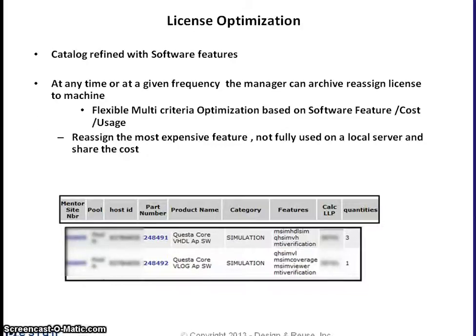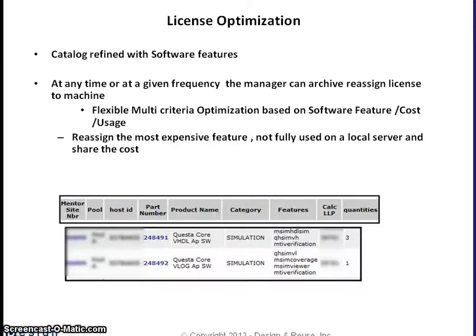And it's an expensive feature. What will the manager do? He clicks to see on which site this feature exists. So here he sees that in a given place, in this Mentor site number, he has this feature. So what he will do is to say, okay, how is this feature extensively used? So he verifies this time the usage.